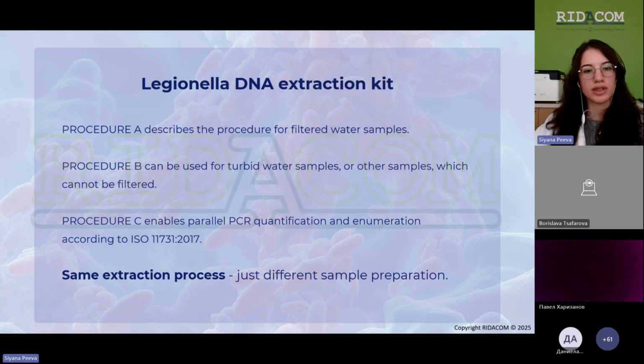And the last procedure enables the preparation of an eluent, which can be used both for PCR quantification and for inoculating and using for detection and quantification of Legionella according to ISO 11731. So for all three procedures, for the filtered samples, non-filtered samples, and also for using parallel to ISO 11731, we have the same extraction process. We just have different sample preparation.